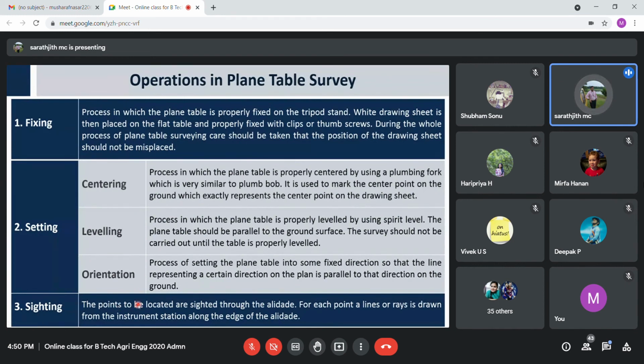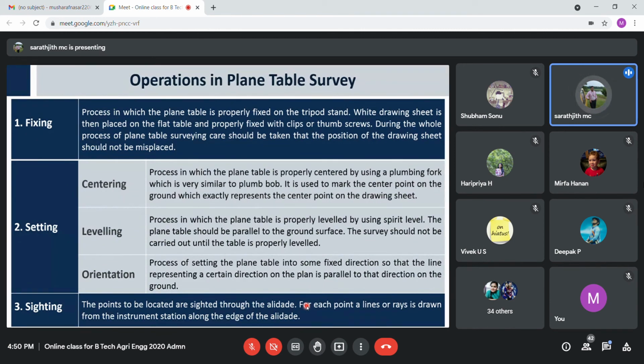The points to be located are sighted through the alidade, which we have already seen. The alidade has a sighting vane and an object vane. You sight through the sighting vane, and the object vane consists of a horsehair, and you bisect the ranging rod which you have kept on your point while sighting through the alidade.